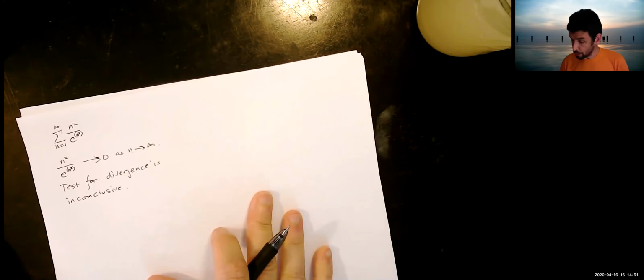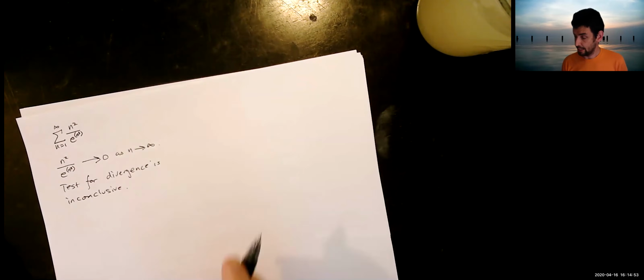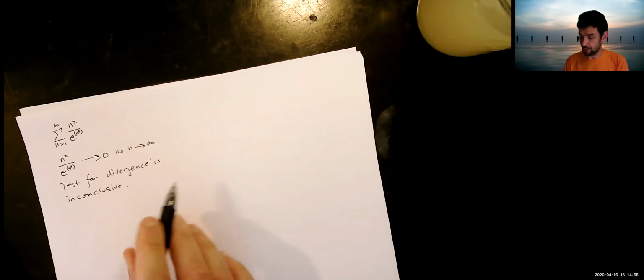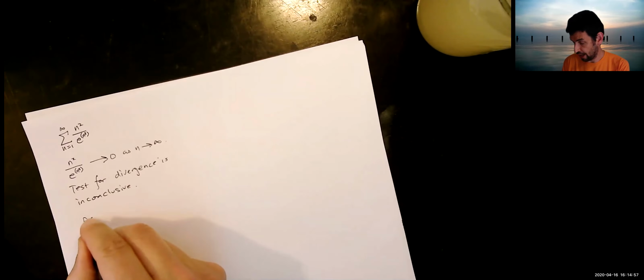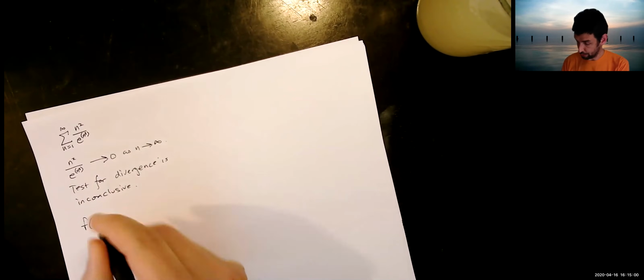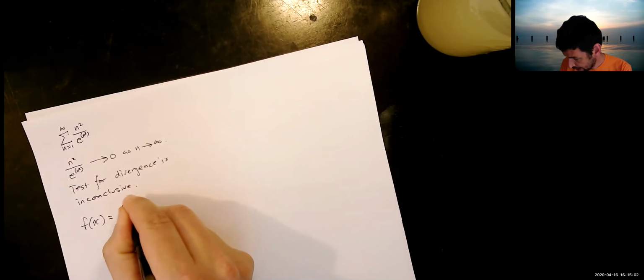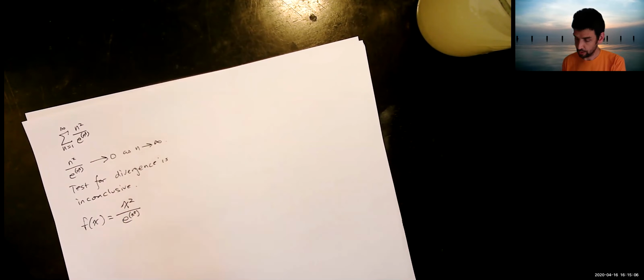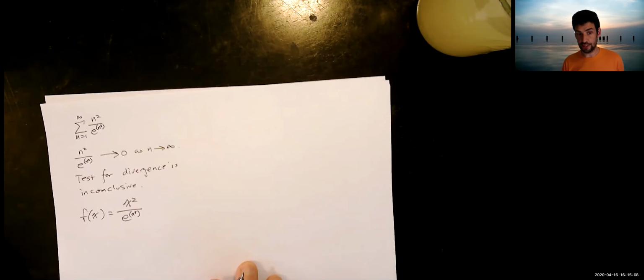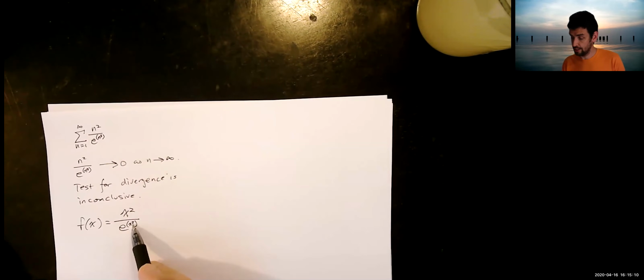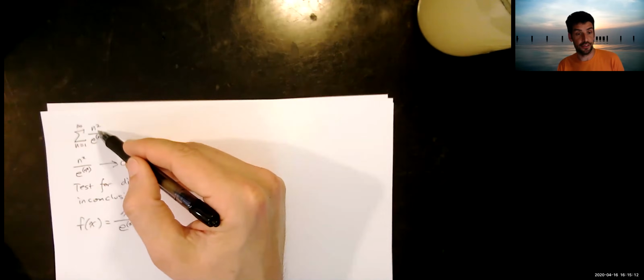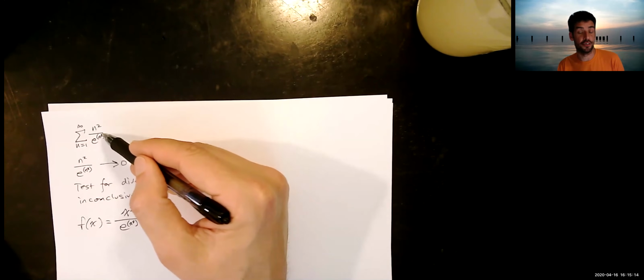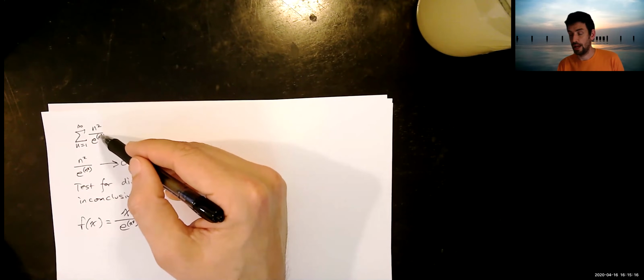All right, so what do we need in order to use the integral test? So let's start with this. I have f of x equals x squared over e to the x cubed, okay? So this is clearly a function equal to the terms of this series, equal to the sequence of terms on the integers, right?